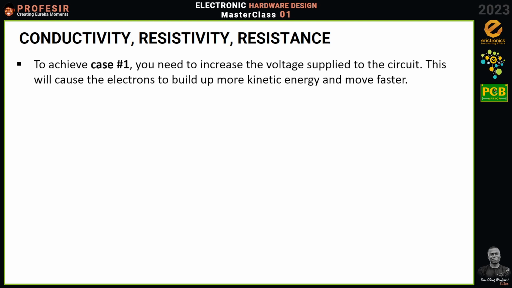So similarly, in a circuit, if we increase the voltage, remember, the drift velocity is related to the electric field, right? So if the electric field increases, drift velocity is going to increase. And once drift velocity increases, the speed of the electron increases and more electrons can flow, right?